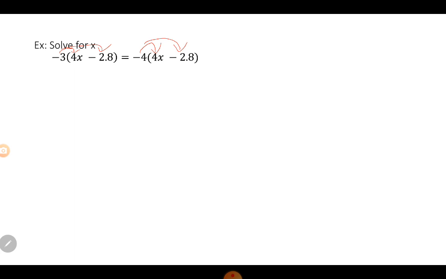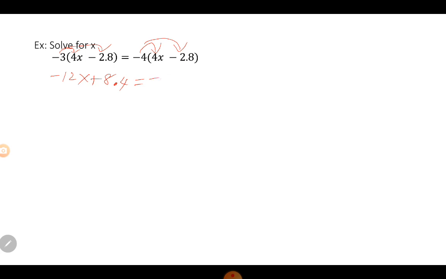So this becomes minus 12x, but here negative and negative would be plus. And then 3 times 2.8, 3 times 8 is 24. So bring down the 4. 3 times 2 is 6. 6 and 2 is 8. So 8, put back in our decimal point, 8.4.